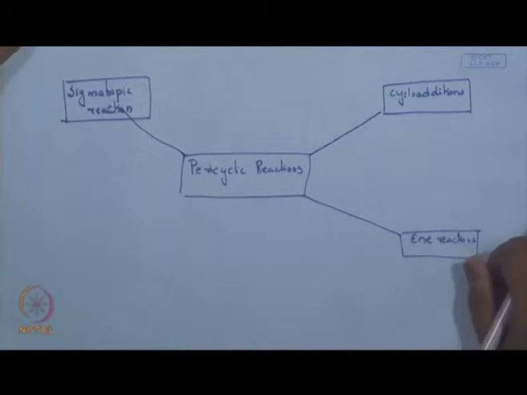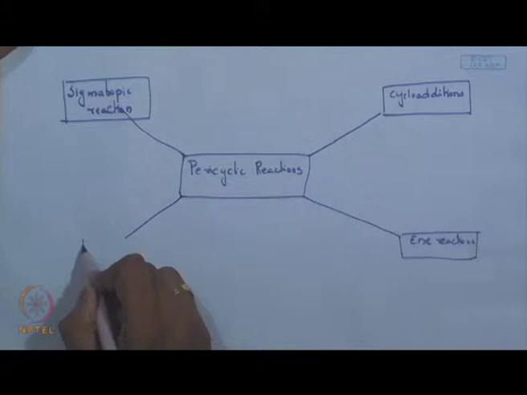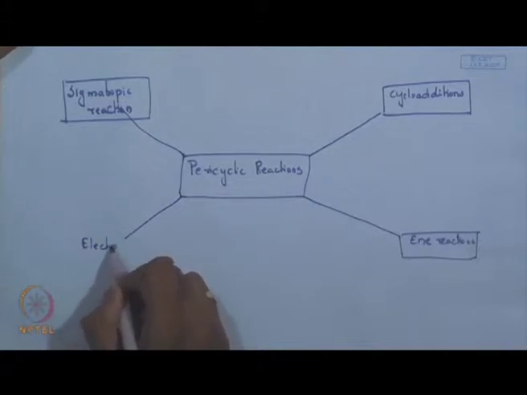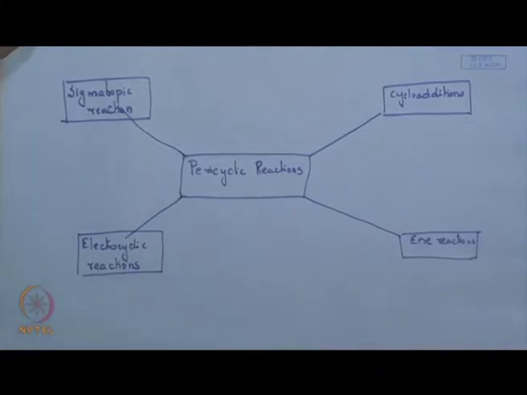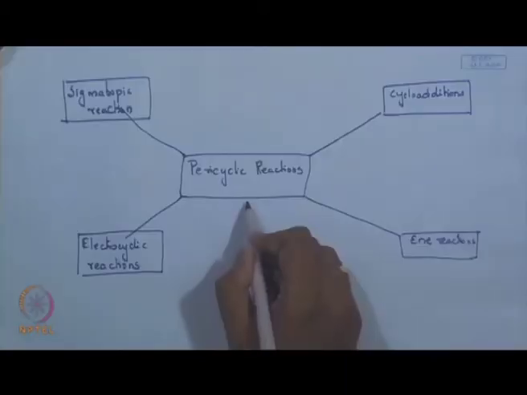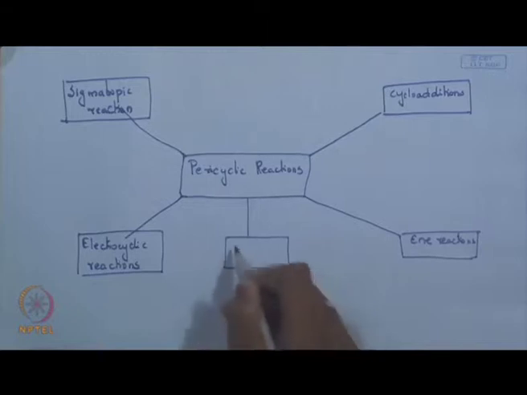Now, we will try to understand other classes of important reactions. One of them, which you already know, is electrocyclic reactions. Once we study electrocyclic reactions, we will slowly move down to group transfer reactions.